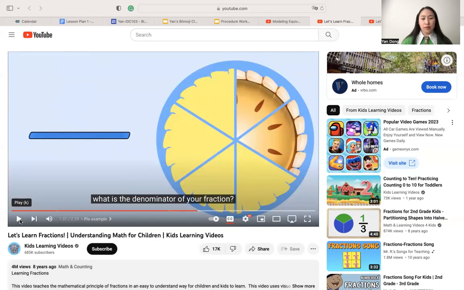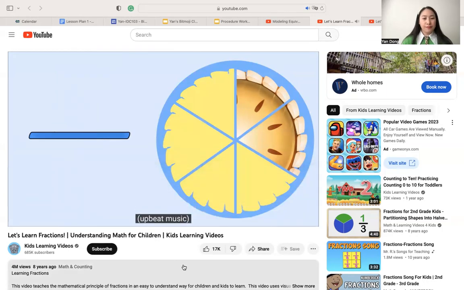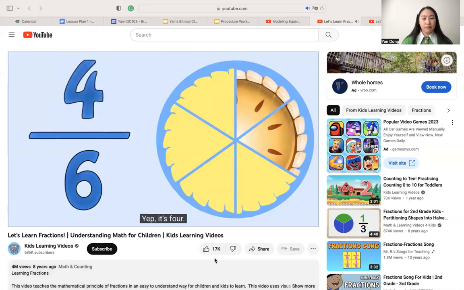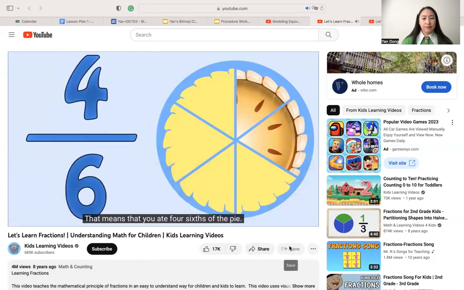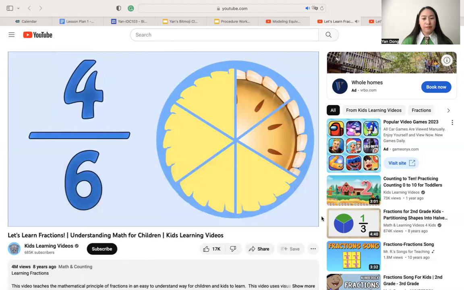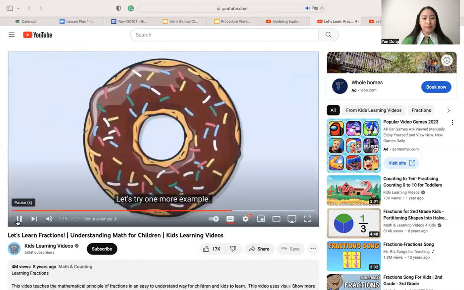So, do you have the answer? That's right, 6. What is the numerator? Yep, it's 4. That means that you ate 4/6 of the pie. Let's try one more example.